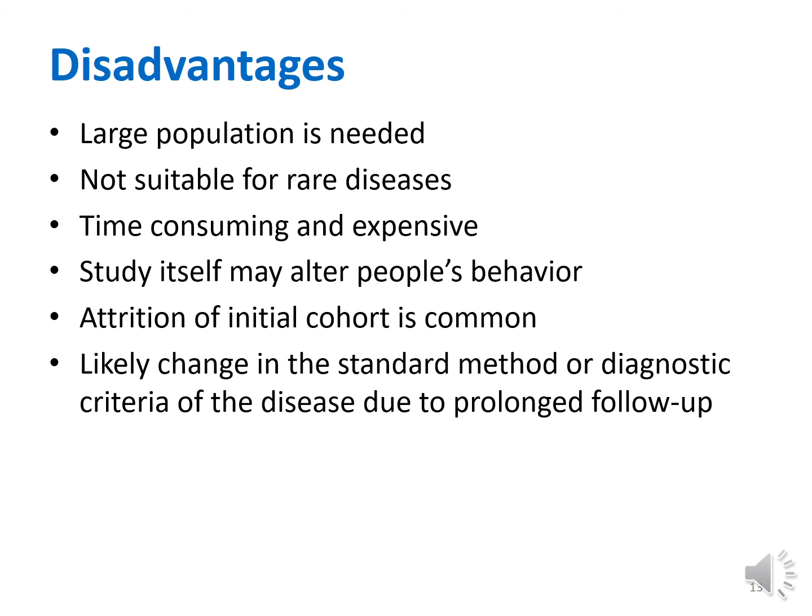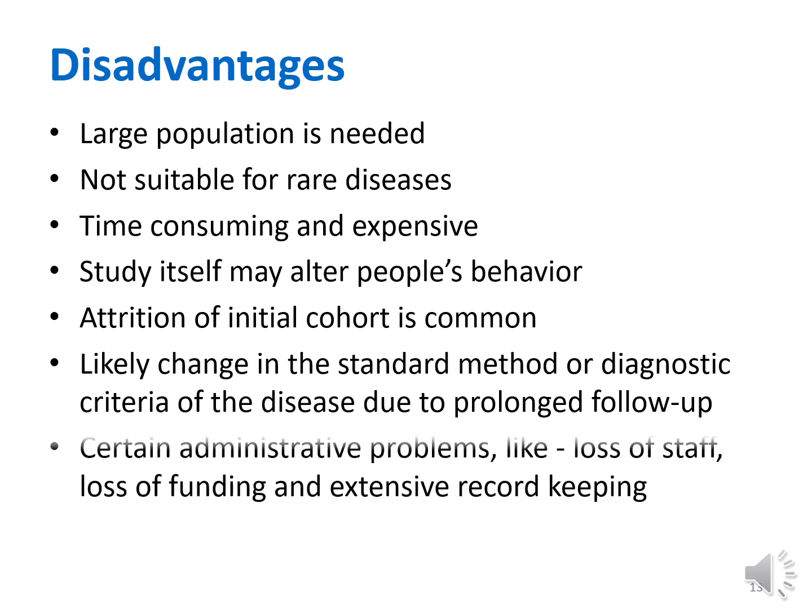Due to prolonged follow-up, sometime it may happen that diagnostic criteria of the disease is changed. There is large number of people enrolled in this study. It is lengthy, expensive, more staff is required. So administrative issues come across.